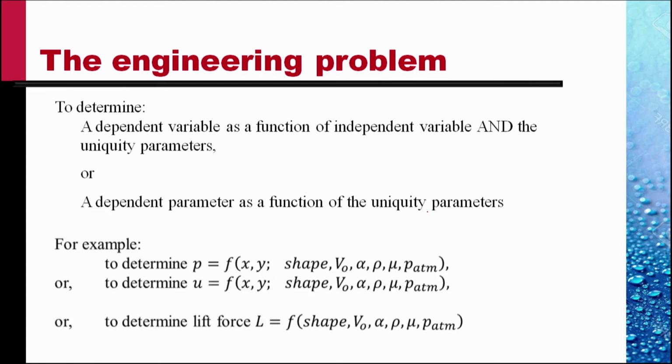Give you an example. To determine pressure as a function of x and y, the location of the point on the airfoil, we separate by a semicolon and then list the uniquity parameters: the shape of the airfoil, the velocity far away V naught, alpha the angle of attack, the density rho, viscosity mu of the fluid, and P atmospheric, the atmospheric pressure.